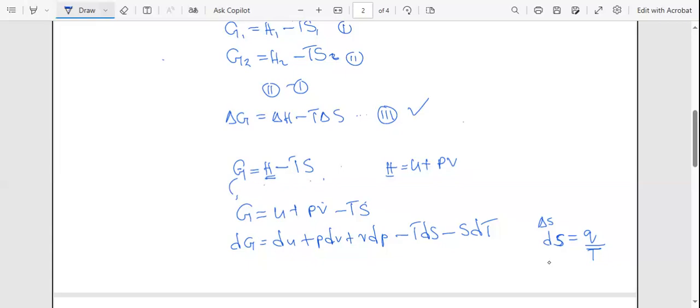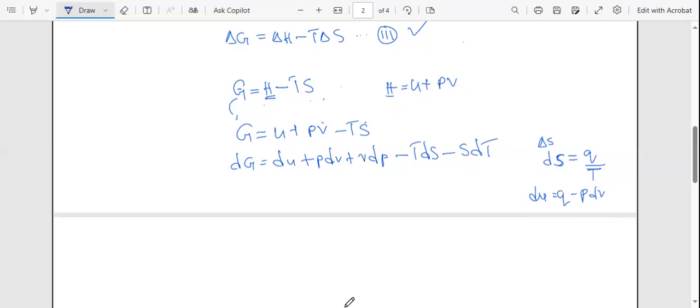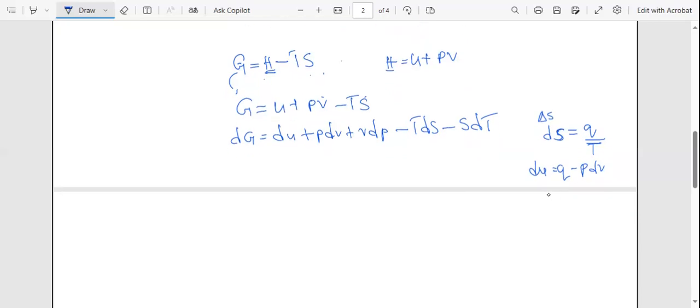Again, from the first law, dU equals q minus P dV, which is work. So q equals dU plus P dV. So from the first law, q is equal to dU plus P dV.